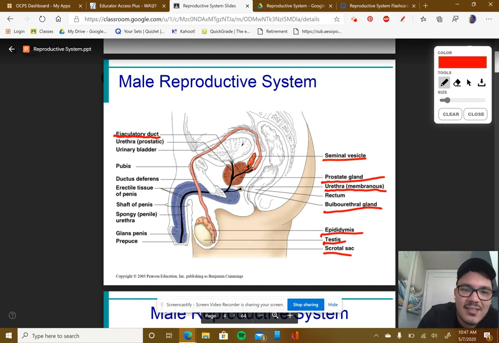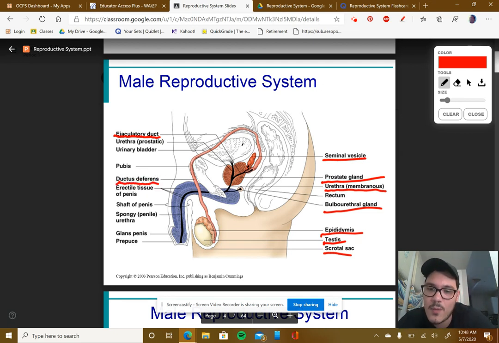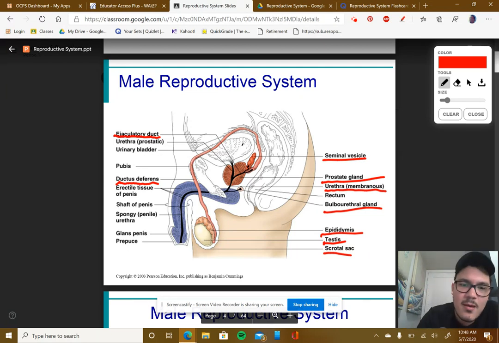Next, we have the ductus deferens. The ductus deferens is going to be a long tube that comes from the epididymis all the way to the prostate gland, approximately. We'll learn more about that in our following videos. And then finally, all of this down here, I'm just going to kind of grab all that together.